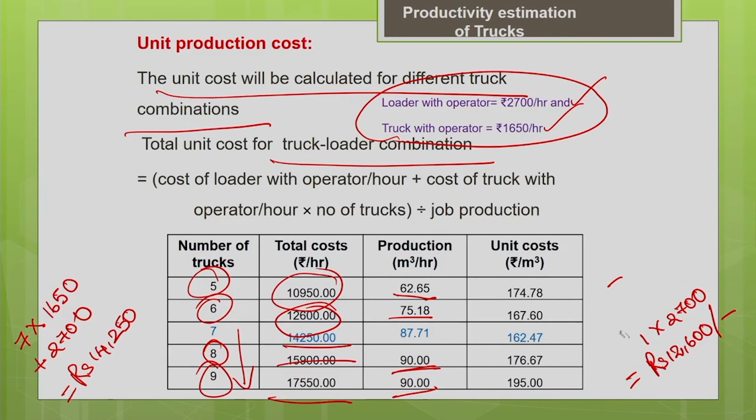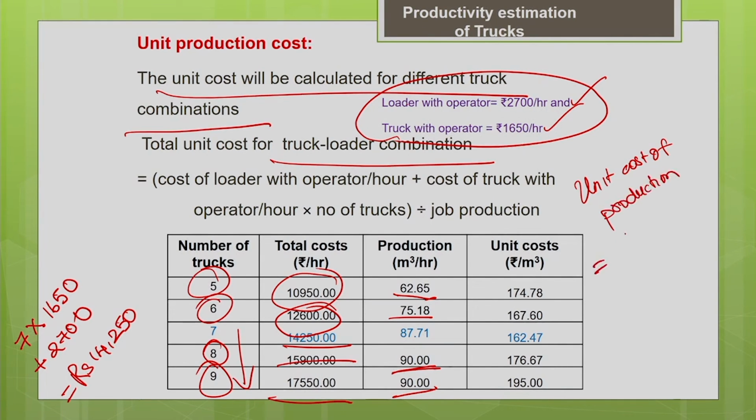How to estimate the unit cost of production? Unit cost of production is nothing but cost per hour divided by productivity per hour.